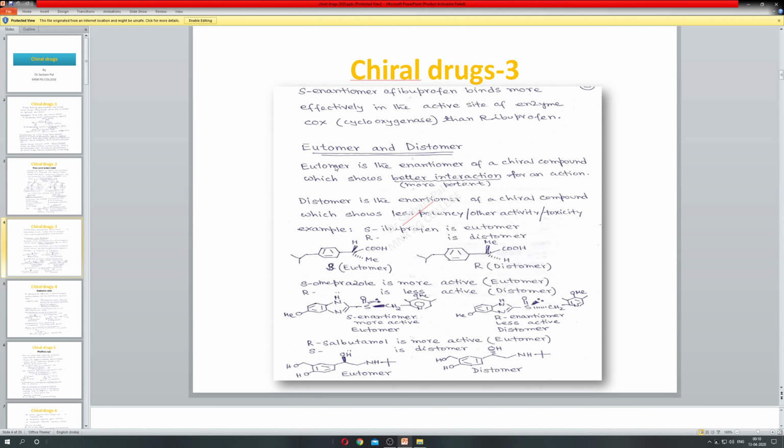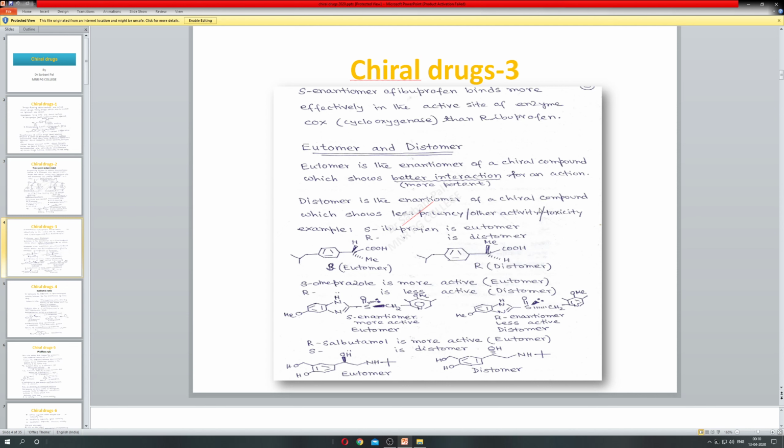Now naturally, distomer will have the reverse type. Distomer is the enantiomer of the chiral compound which shows less activity, or otherwise some other activity. It may also show toxicity.